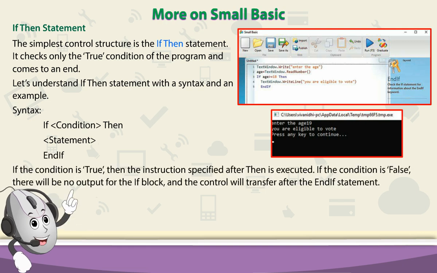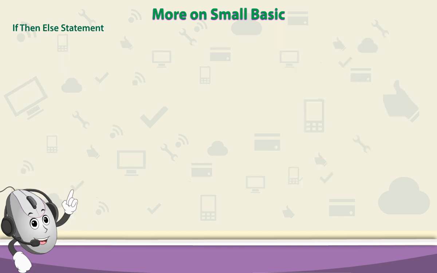If the condition is true, then the instruction specified after then is executed. If the condition is false, there will be no output for the if block, and the control will transfer after the end if statement.